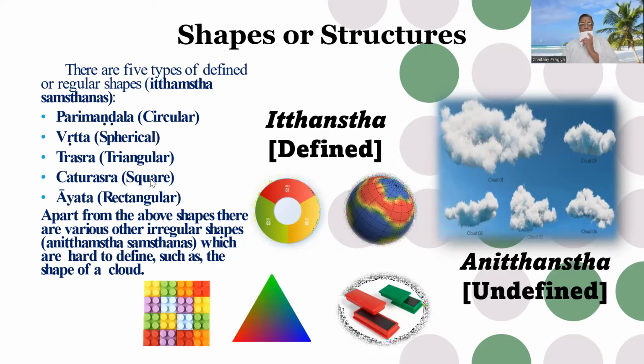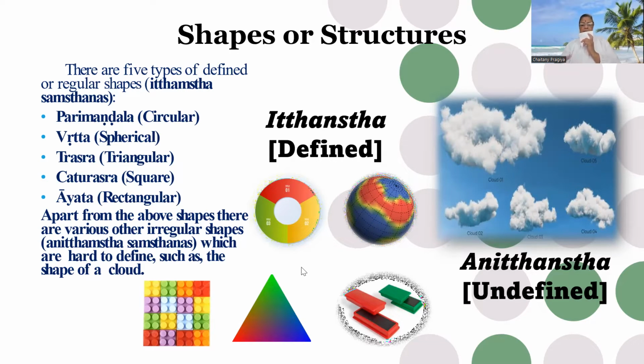And next there is the square. So this is the square shape. Many things are found in this particular shape, and some things are found in this shape and some in that shape. And the last one is ayat, the rectangular shape.